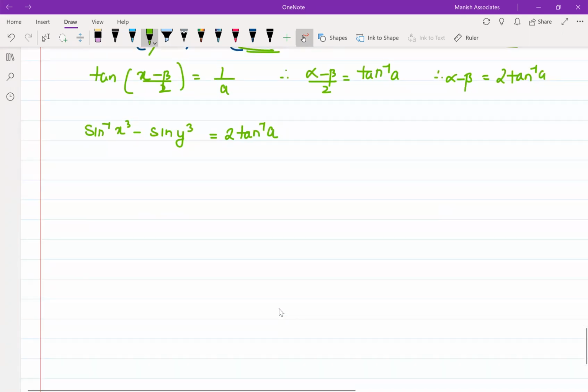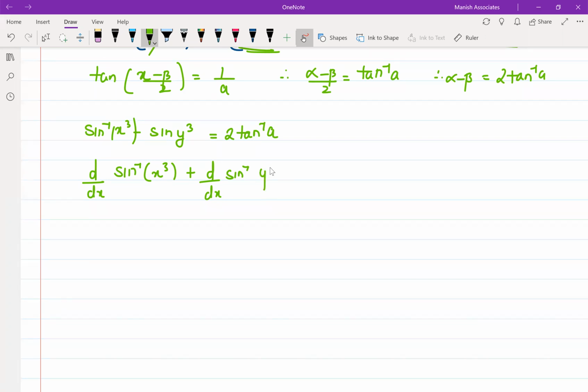Now you differentiate with respect to x. So you'll have d by dx of sin inverse of x cube plus d by dx of sin inverse of y cube equals d by dx of 2 times tan inverse of a.